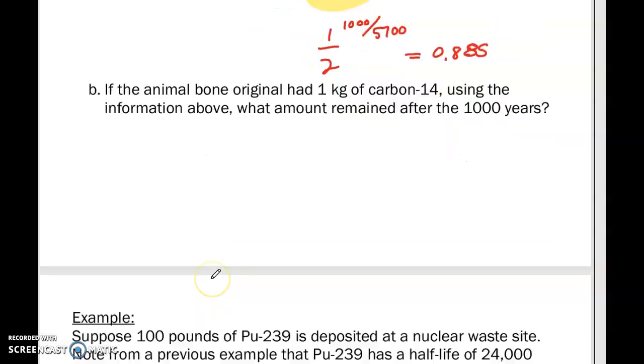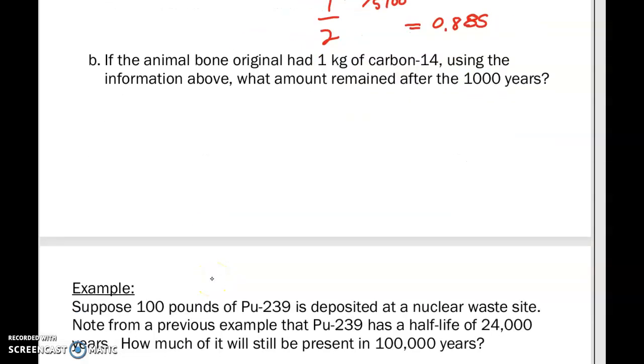Now continuing with the next problem, it says, if an animal bone had 1 kilogram of carbon-14, what amount remained after the 1,000 years? I would use this formula from my formula sheet, and I just calculated this portion.